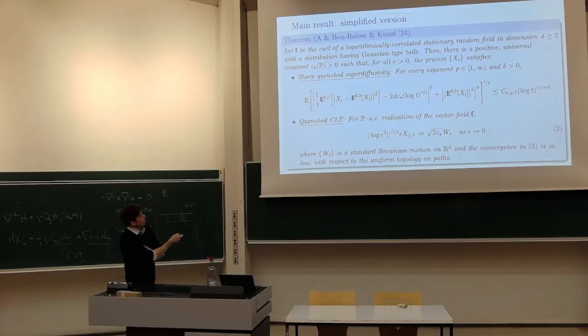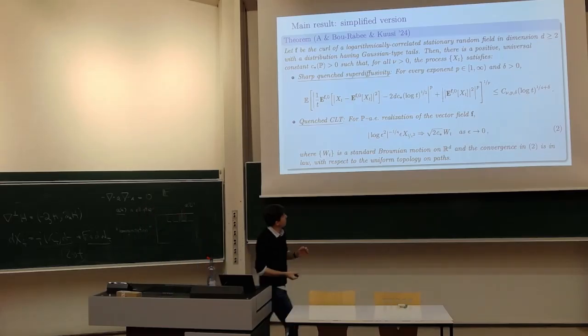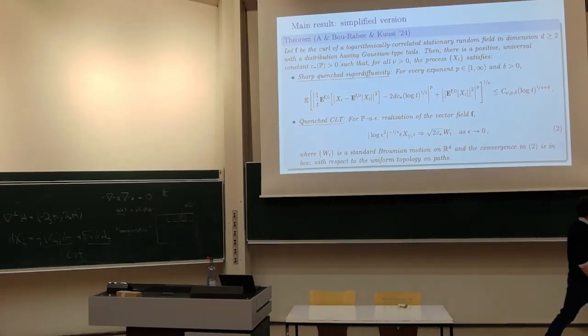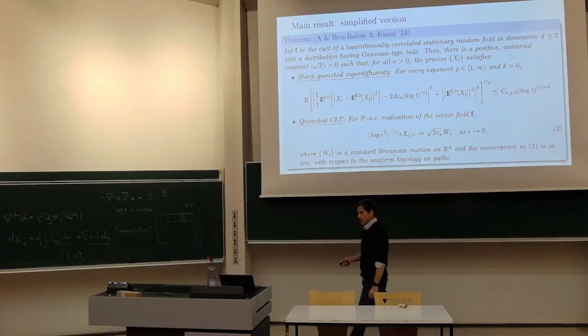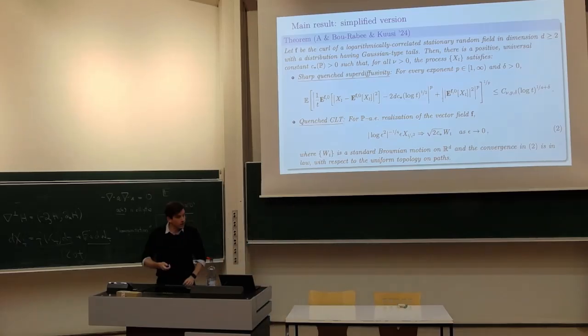Okay? So we're looking at the pth moment of this random variable. So this expectation is taken with respect to the field, okay? And everything inside are these quantities that depend on f, okay? This one is the first moment squared. So that's kind of, if you want, the displacement in how far you expect the particle to go just because the vector field is pushing it in one direction.